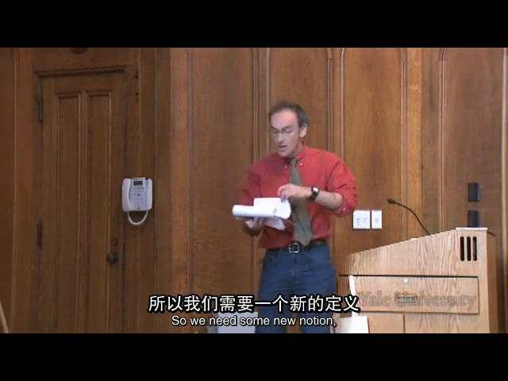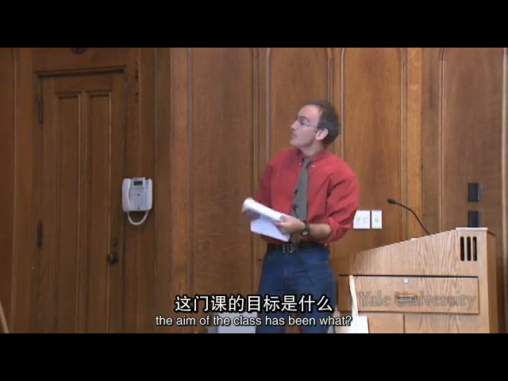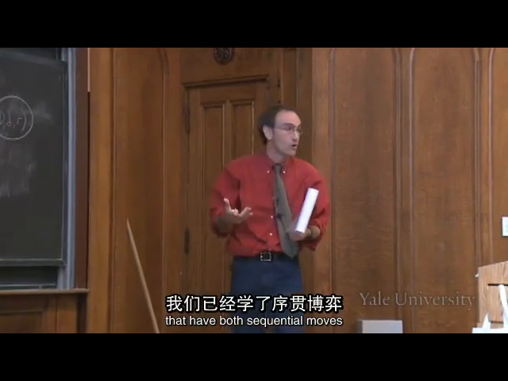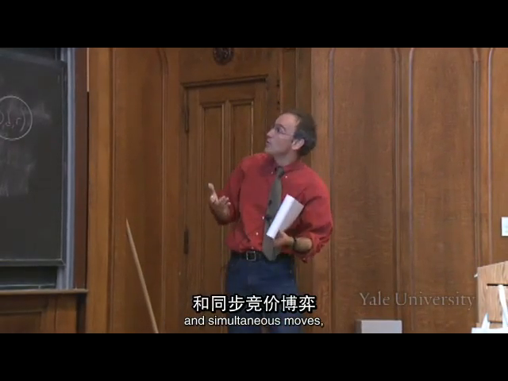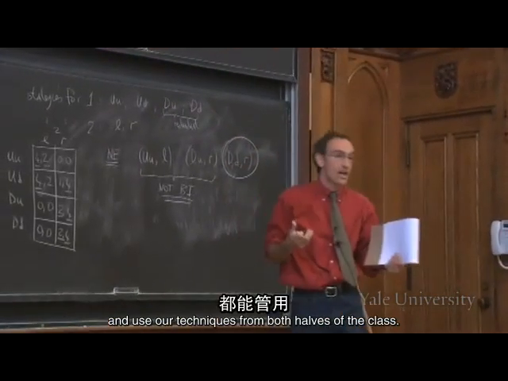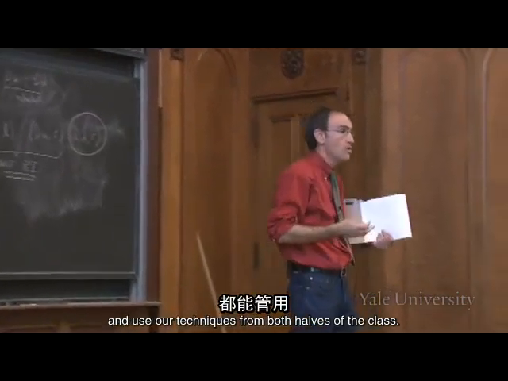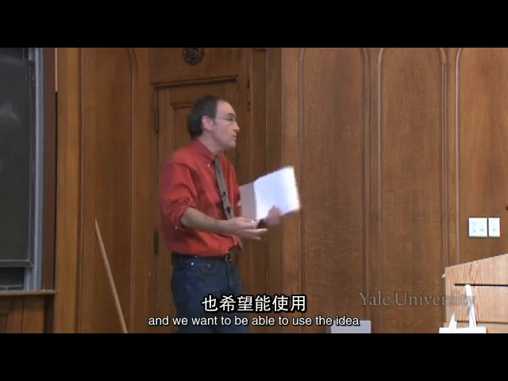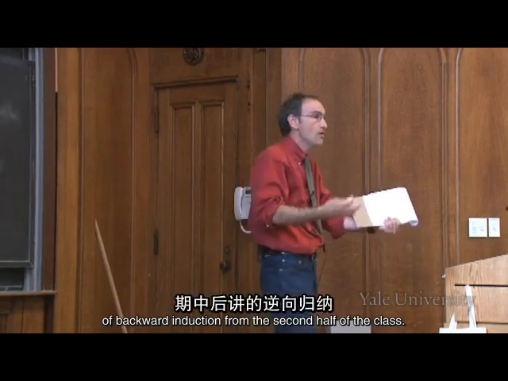So we need some new notion. The aim of the class has been what? We want to be able to model games that have both sequential moves and simultaneous moves, and we want to be able to look at the games and use our techniques from both halves of the class. We want to use the idea of Nash equilibrium from the first half of the class, and the idea of backward induction from the second half.